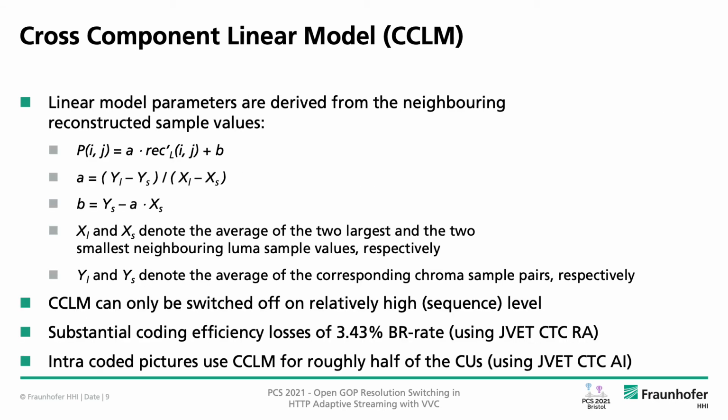Let's look at the parameter derivation for CCLM a bit more closely. Here you see the linear model with parameters A and B, and they in turn depend on xi and xs, which are the average of the two largest and two smallest neighboring Luma sample values, and yi and ys, which denote the average of the corresponding chroma sample pairs.